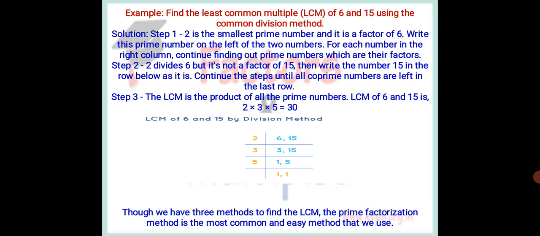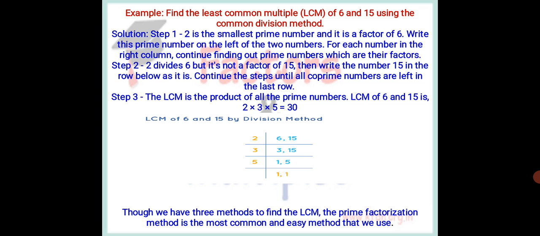Let's come to the example. Suppose we have to find the LCM of 6 and 15 by using the common division method. As we know, children, 2 is the smallest prime number. Divide 6 and 15 by 2.